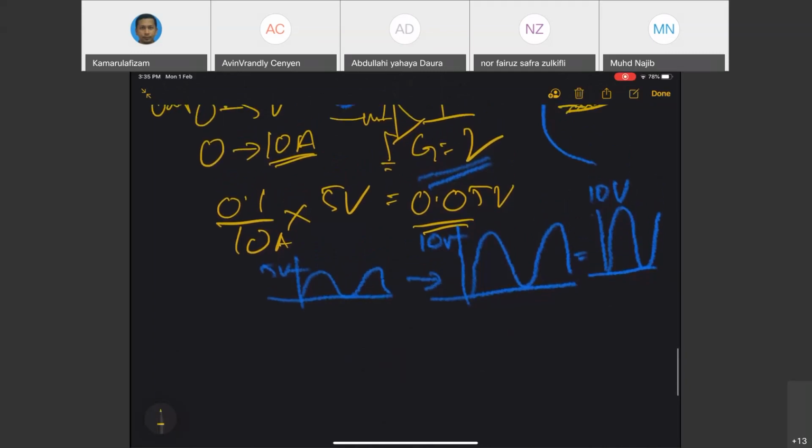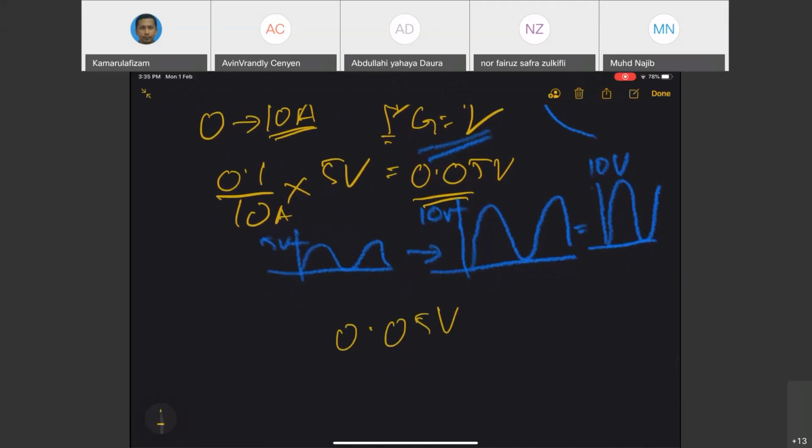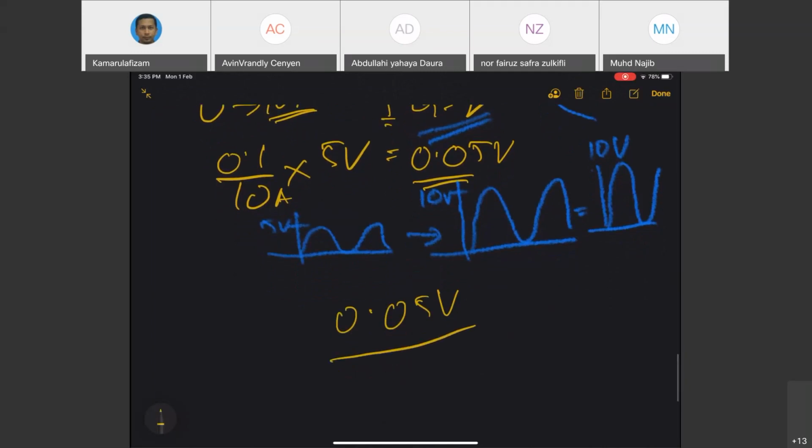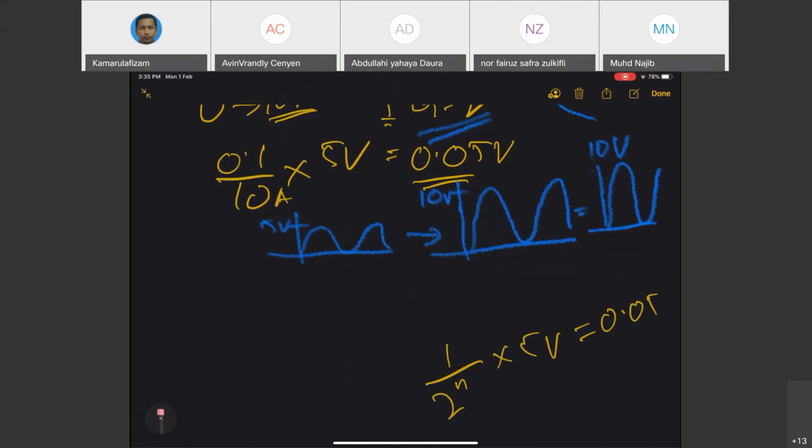So I have my precision maintained at 0.05 volt. Okay. Bagi dengan apa? The full scale voltage. Sorry. 1 over 2 to the power of N darab 5 volt to get 0.05. So this is the formula. Okay. Berapa N?